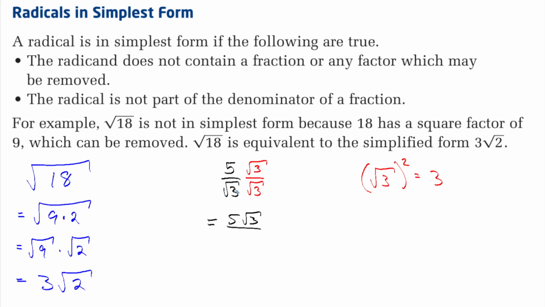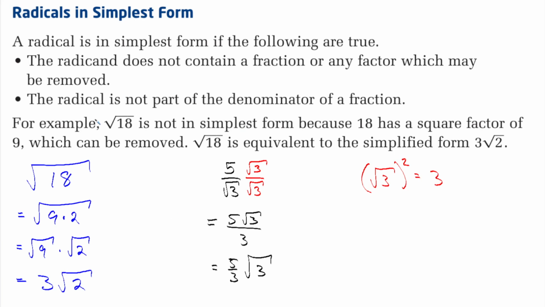And on the bottom, square root of 3 times the square root of 3 is 3. So in simplest form, this would be 5/3 times the square root of 3. So our coefficient is allowed to be a fraction, but we're not allowed to have a fraction in our radicand. Okay, so we have fixed that. And again, this is something we're going to look at more in section 5.2.